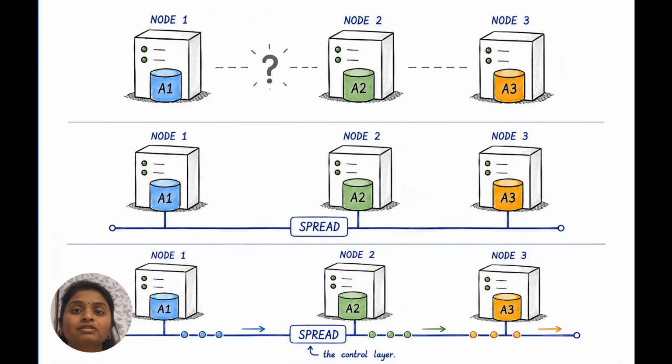Once spread is running, the nodes stop being islands, they are wired together and are constantly talking to each other. But here is the important part. What travels on spread is control messages, not your data. Each node sends small steady signals like I am alive, here is my state, here is what I am working on, and so on.